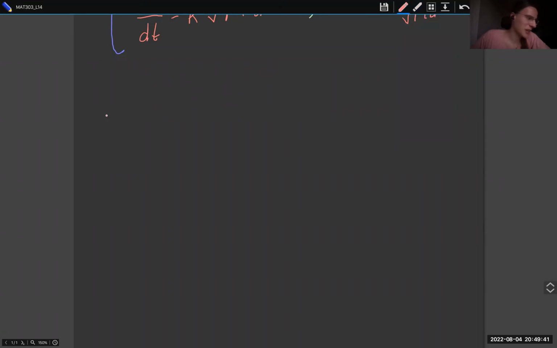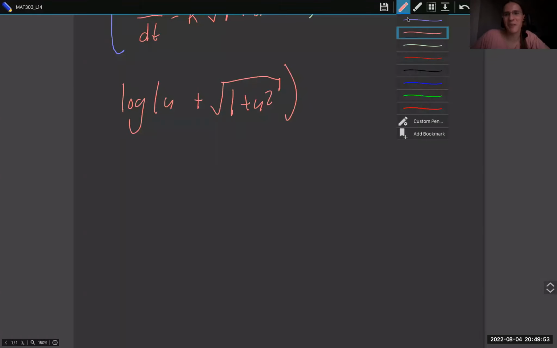Consider the function logarithm of u plus square root 1 plus u squared. There's always a way of calculating integrals by taking derivatives, isn't there?